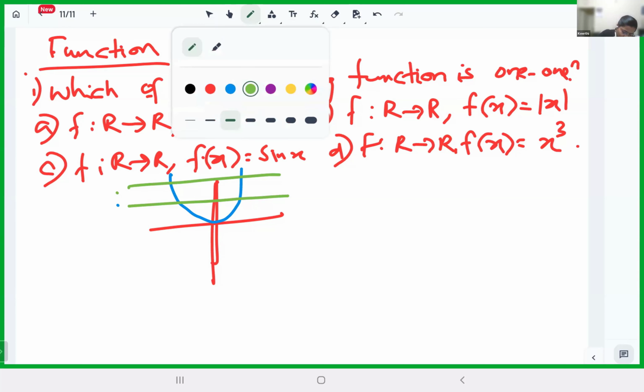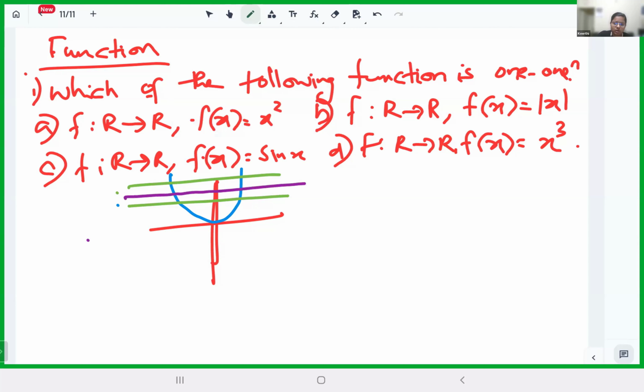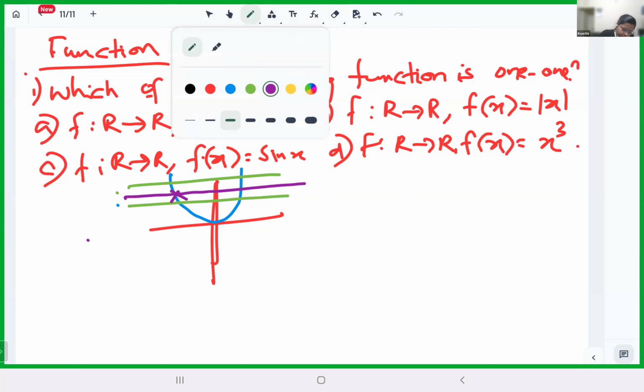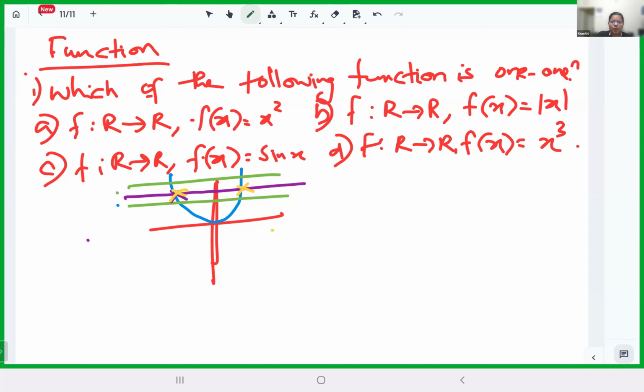Here you can see that if I draw a horizontal line like this, it is touching the graph in this point as well as in this point, right? The horizontal line is touching the graph in 2 points, so we can say that the function is not 1-1.